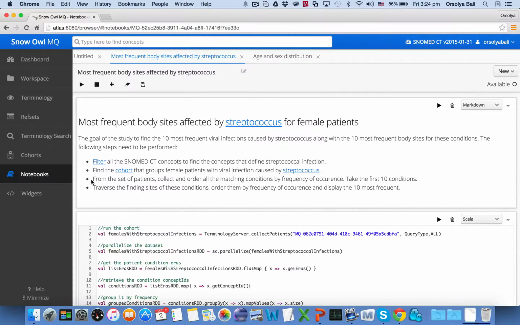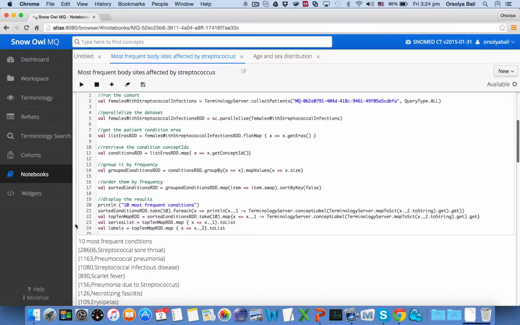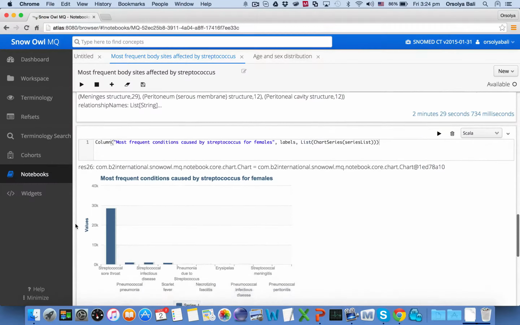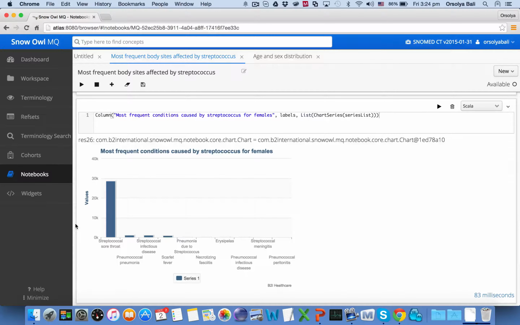So from the set of patients, collect and order all the matching conditions by frequency of occurrence and take the first 10 most frequent conditions. So what we do here using this code, which I'm not going to go into details about, is that we look at our patient cohort and we see that the streptococcal infection that was recorded on their page, which disease it is exactly, and we created a chart of the most frequent.